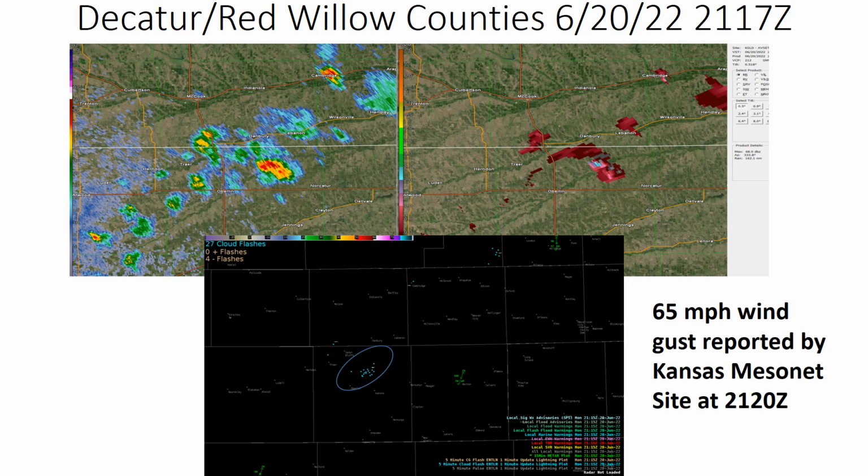And I should have included the exact site location for the Kansas Mesonet site up there, but it is roughly a little to the southwest of the current storm that we are focusing on.